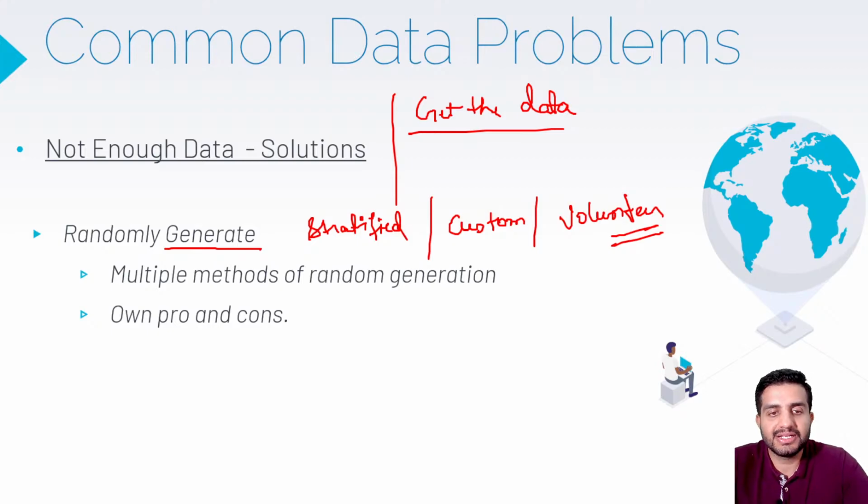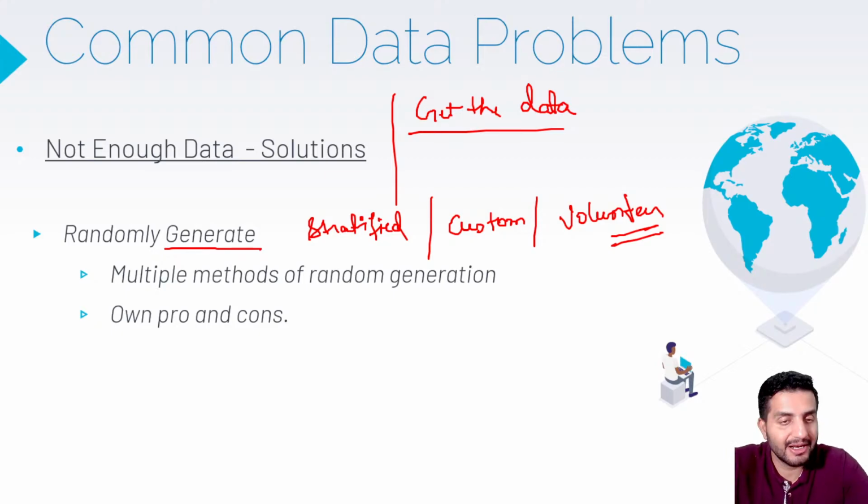And how that data point is getting generated, whether it is from a single methodology, like a random one, or a custom based method, or having some smart imputations like stratified generations. And obviously each of these methods will have its own pros and cons.